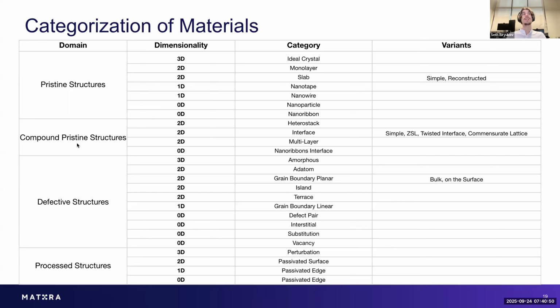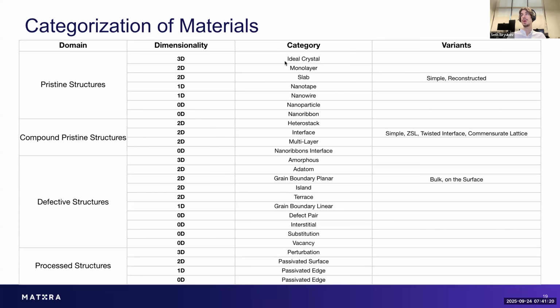To make it easier to find specific materials and reason about them, we proposed a categorization for materials that we use in the standards package as well as the made package. At the top level, we have materials divided by domains of pristine structures, compound pristine structures, defective and process structures. Then they split by dimensionality, ranging from 3D to 0D.